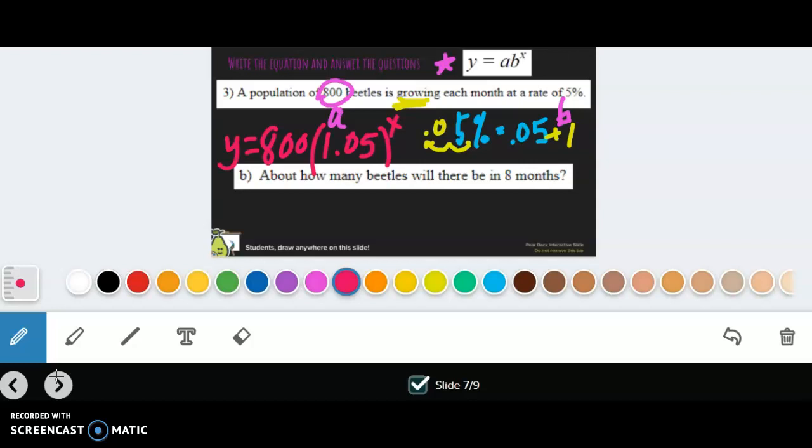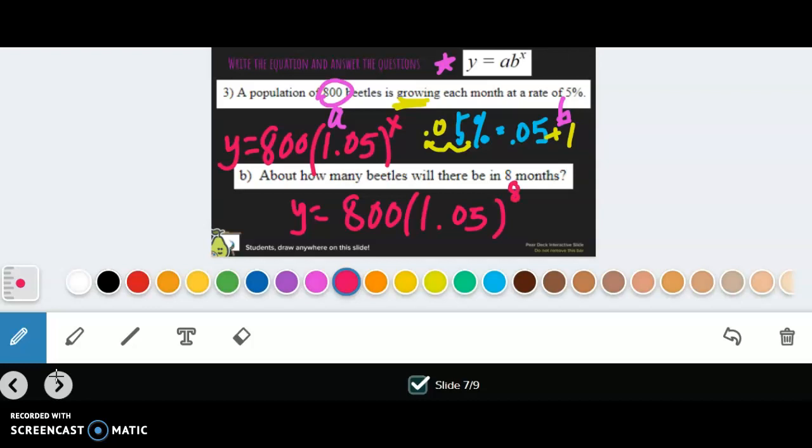It does not tell me that X is time in months, but I'm telling you. X is usually time. So let's plug that in and see how we would solve it. Y is equal to 800 times 1.05. Instead of X, I'm going to put an 8.